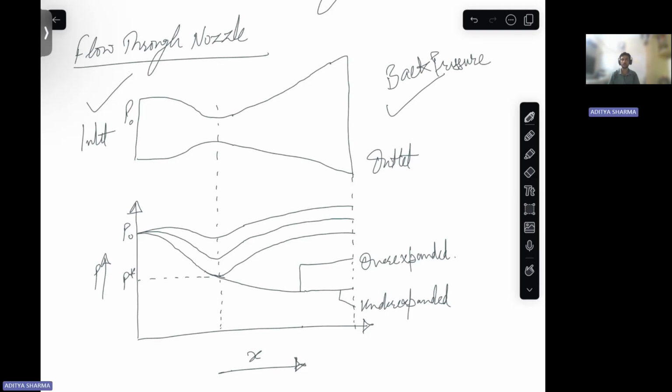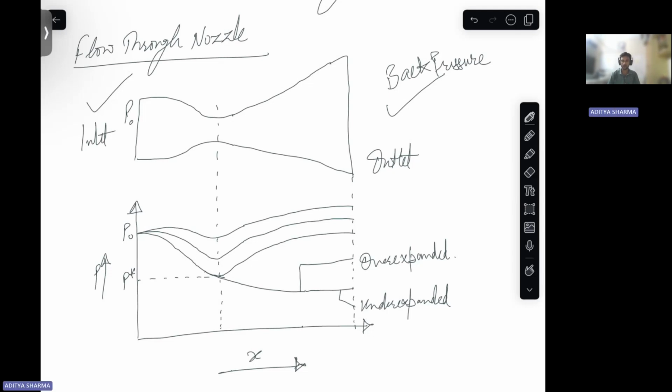This pressure difference between inlet and outlet, between this stagnation pressure and this back pressure, is driving the flow across the nozzle. Okay. And as we keep on decreasing this back pressure, the flow through nozzle changes.